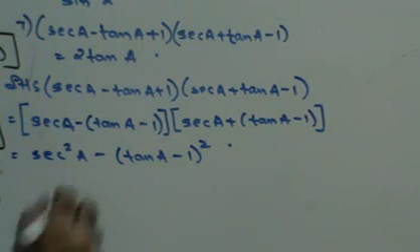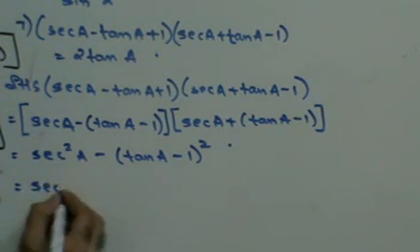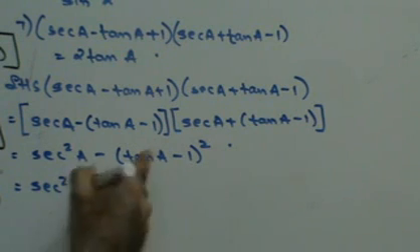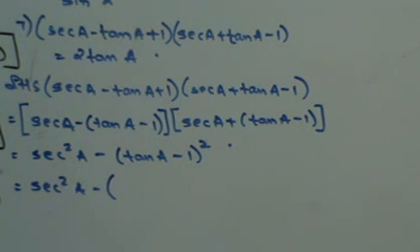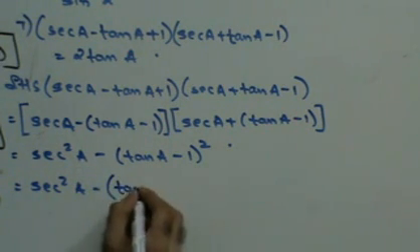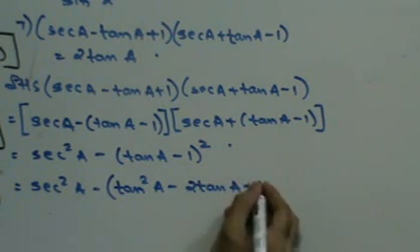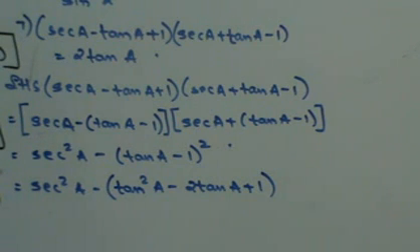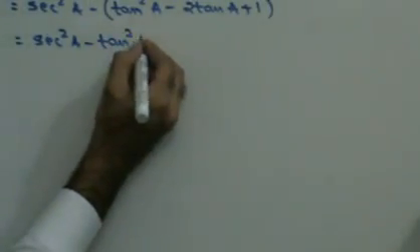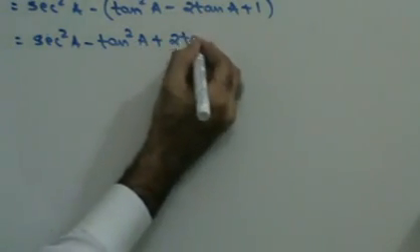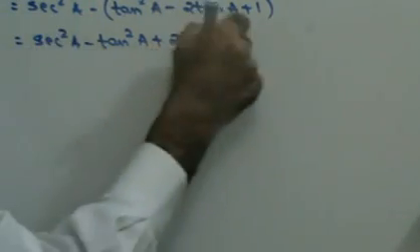Now, this can be written as sec^2 A minus (tan A minus 1) the whole squared. This is in the form (A minus B) the whole squared, so this is A squared minus 2AB plus B squared. Open the bracket. This will be sec^2 A minus tan^2 A, minus into minus plus 2 tan A, minus into plus minus 1.